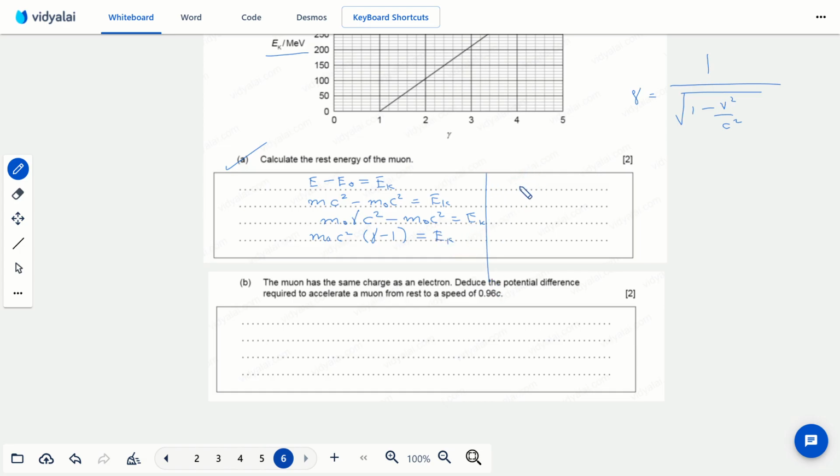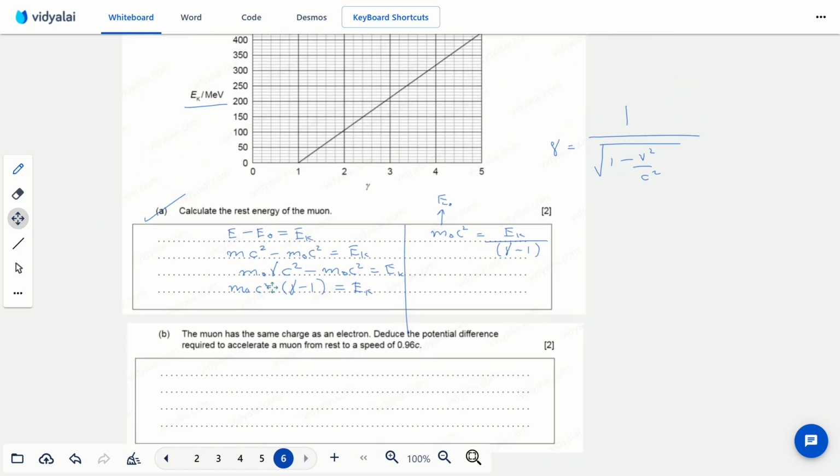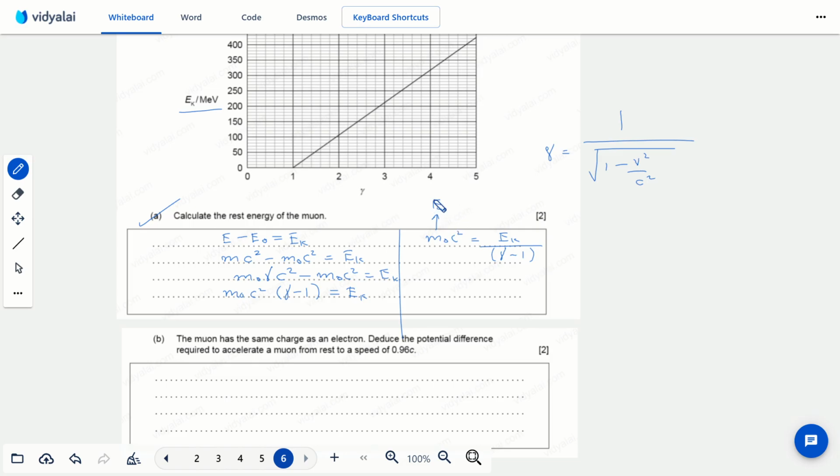I can rearrange this equation to get m0 c squared, which is the rest energy, as kinetic energy divided by gamma minus 1. So here they're asking us to find out this E0. We can substitute any value for Ek, and if we substitute the corresponding value of gamma, we will get m0 c squared, the rest energy of the muon.